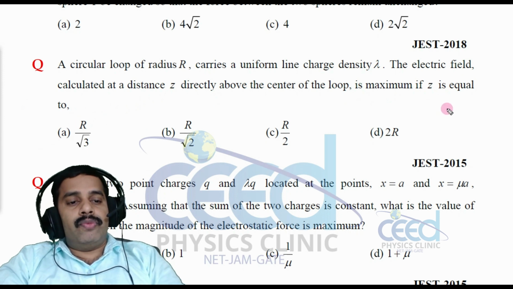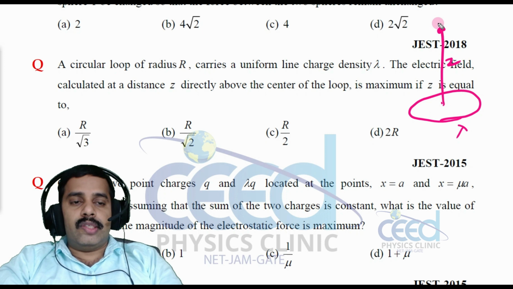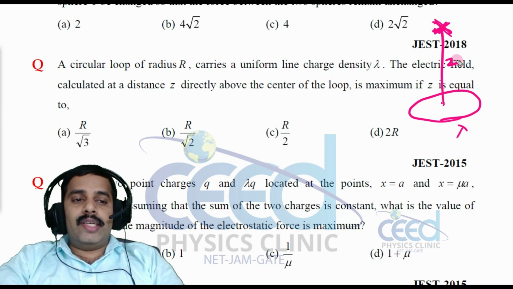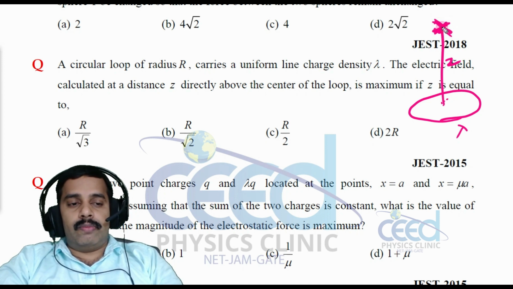So if you have a circular loop carrying a charge density lambda, and you are going to calculate the electric field along the z axis at a distance z, for what value of z should this electric field be maximum?